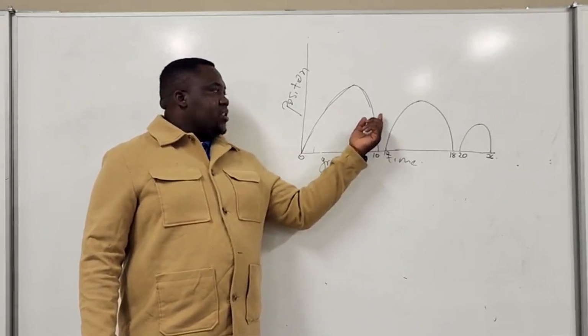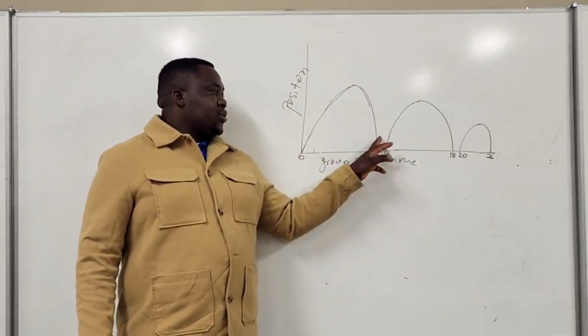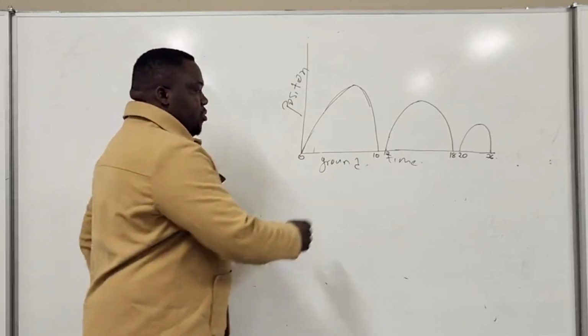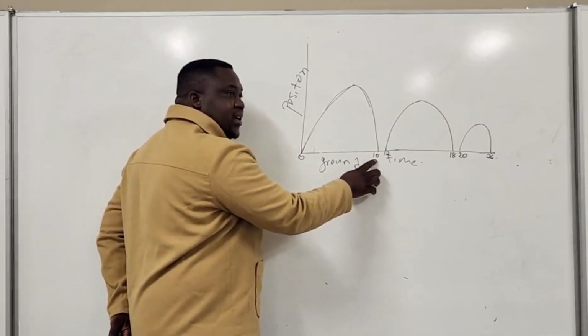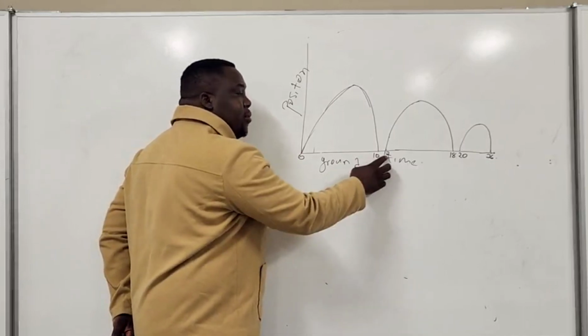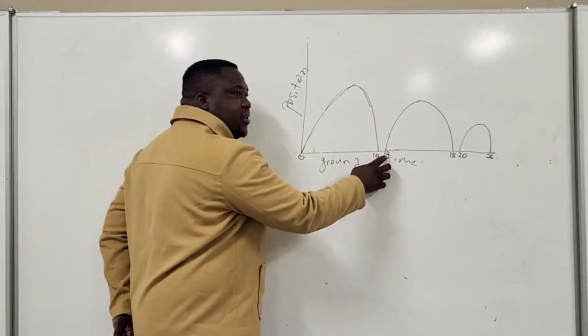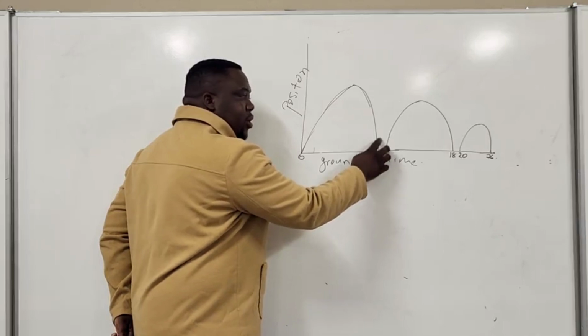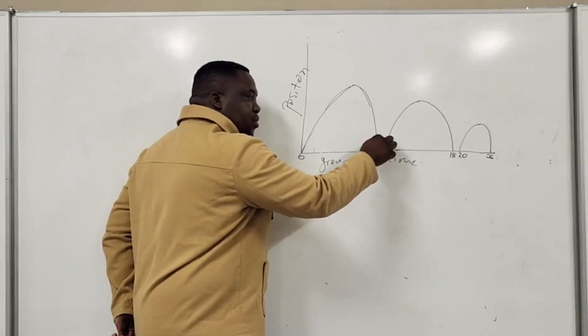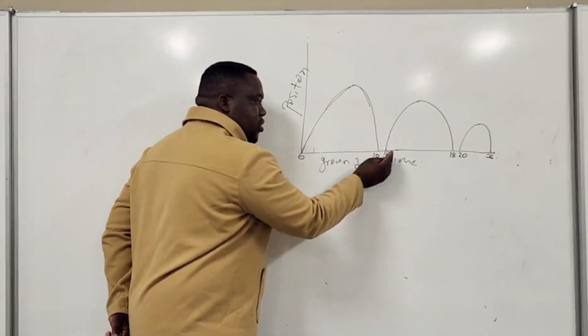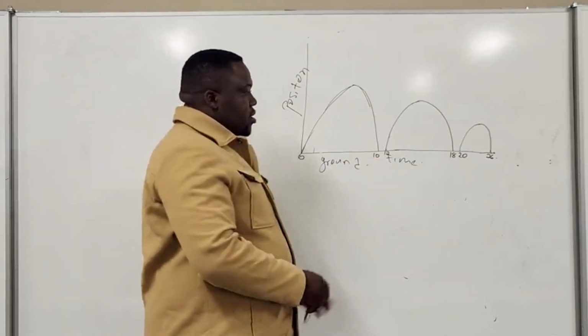So this ball was in contact with the ground for 2 seconds. How do we know? Because when it touched the ground, the time was 10 seconds. When it returned up, the time was 12 seconds. Meaning that the ball was in contact with the ground for those 2 seconds as we subtract 12 minus 10.